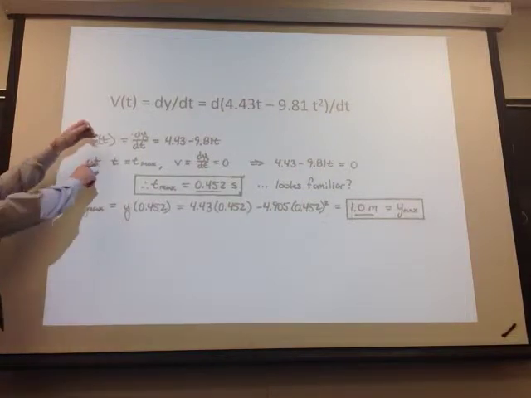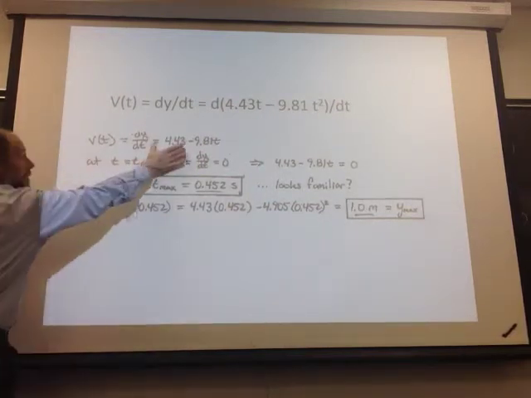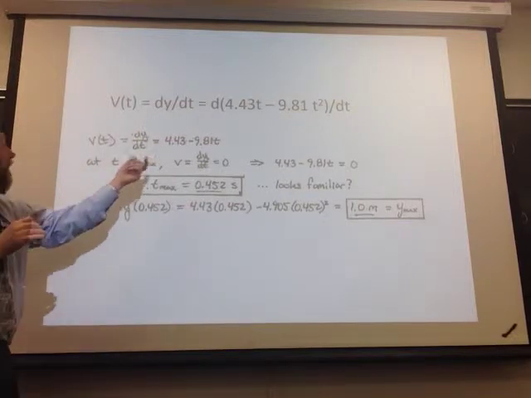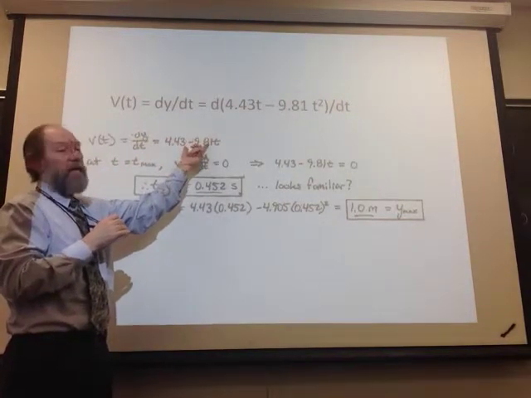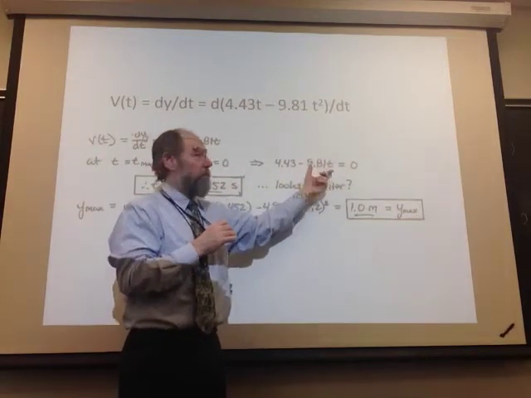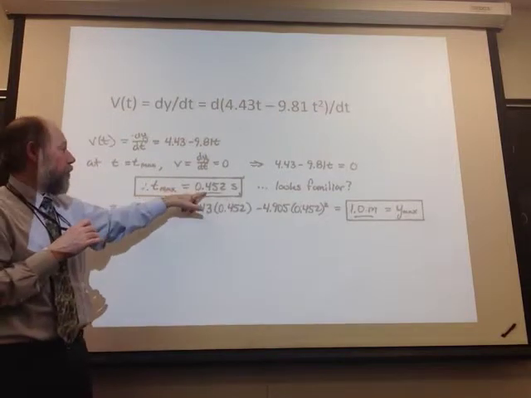So by taking the derivative of this equation, we found an expression for velocity. That's this. And at y max, we know velocity is equal to 0. So we take this expression for velocity, set it equal to 0, and find t. So this is the time when y max occurs, at 0.452.